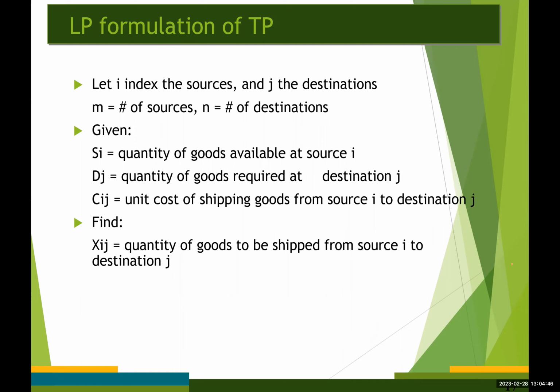And we are required to find the decision variable x_ij, that is the quantity of the shipments from each source to destination.